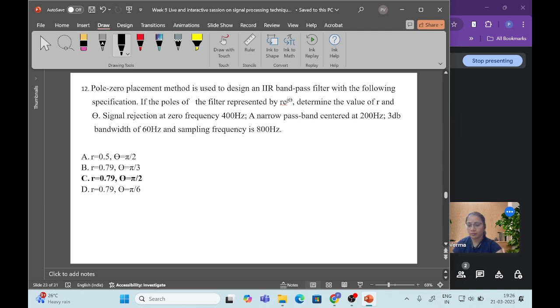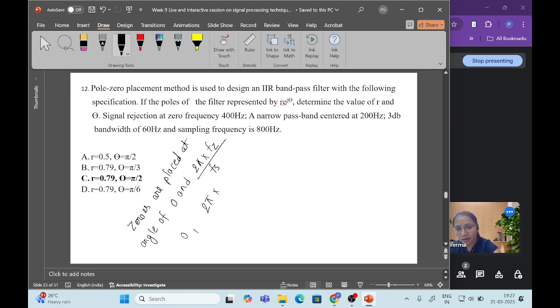We already know that in any IIR filter, zeros are placed at the angles 0 and 2 pi F0 divided by the sampling frequency, where F0 is the signal rejection frequency. So one is 0 and the other is 2 pi into 400 divided by 800, which is pi.